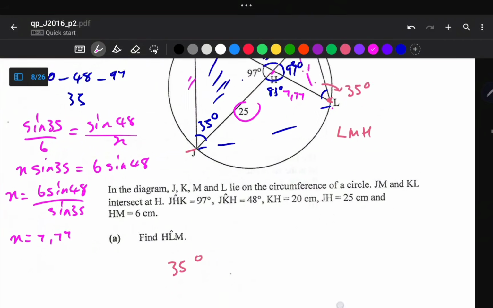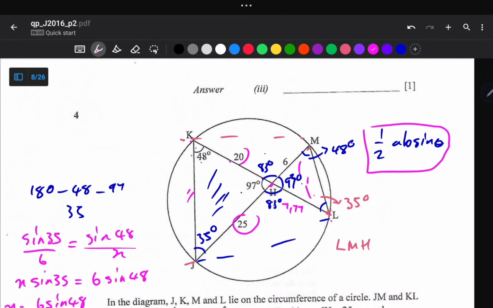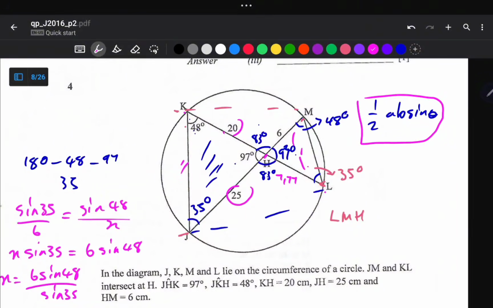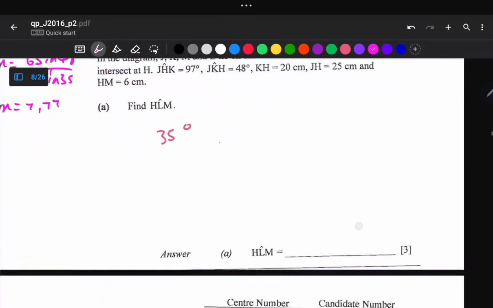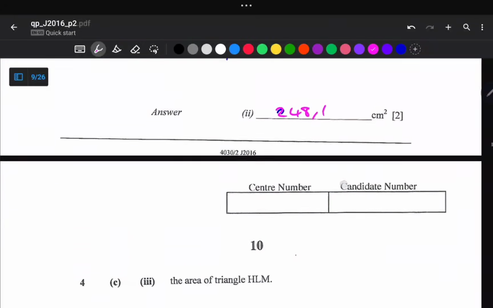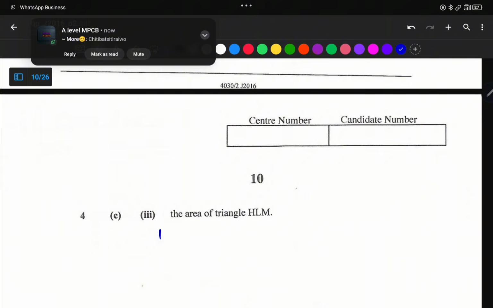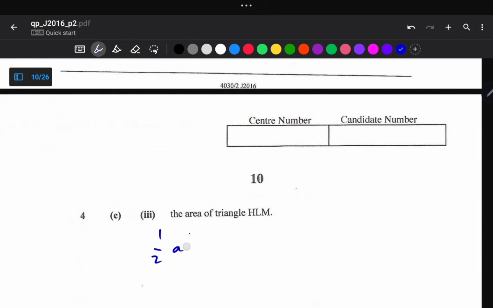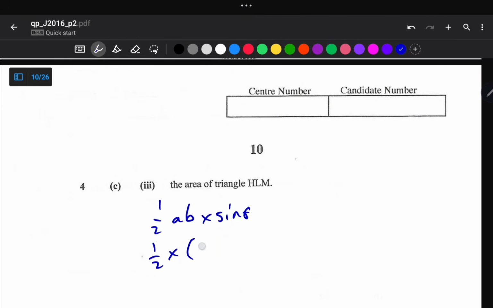So for us to calculate the area, we are now going to use our formula here, half AB sine theta, and our theta is equal to 97 degrees, and our A and B are 6 and 7.77 centimeters. So we can now say the area of this triangle is equal to half AB multiplied by sine theta. So it is half of 6 multiplied by 7.77 multiplied by sine of 97. Okay, so 6 multiplied by 7.77 gives us 46.62.